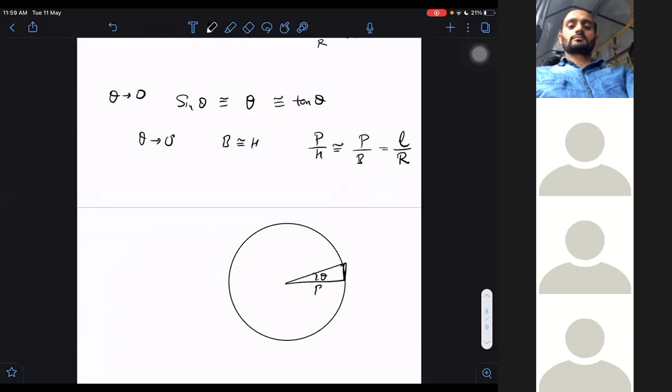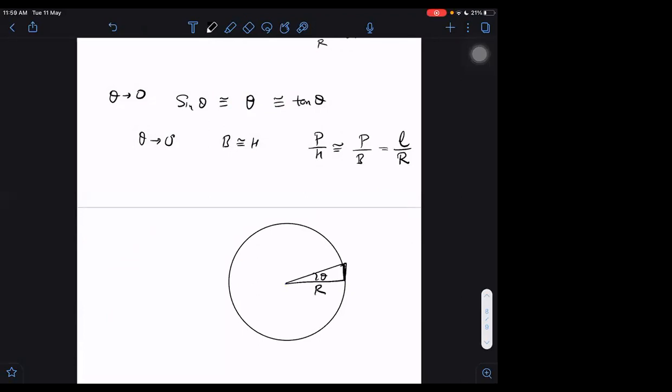This is theta, this is R. So you can now notice that if angle is very small, then length of arc will be approximately equal to perpendicular. And hence we can write sine theta also equal to theta.